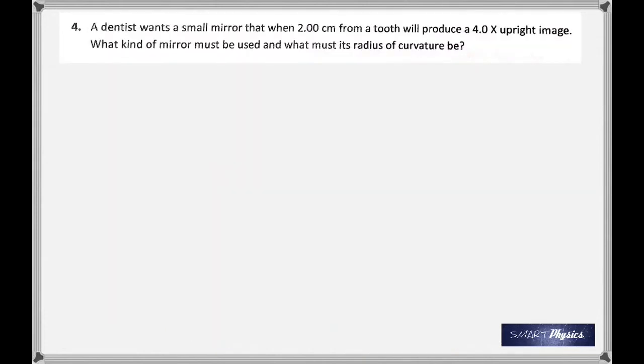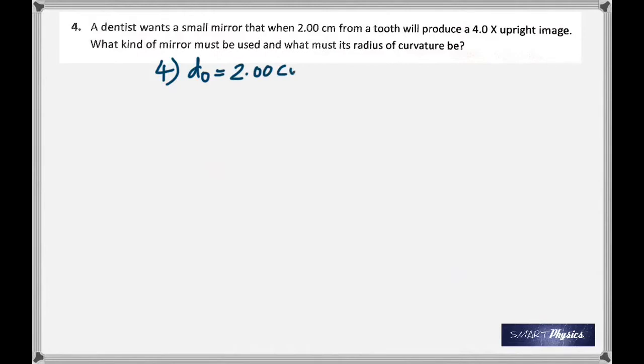A dentist wants a small mirror that when 2 centimeters from a tooth will produce a 4 times upright image. What kind of mirror must be used, and what must its radius of curvature be? Definitely, because it's a magnified image, this has to be a concave mirror. And because it's upright, it's virtual. So it's a concave mirror producing a virtual image.